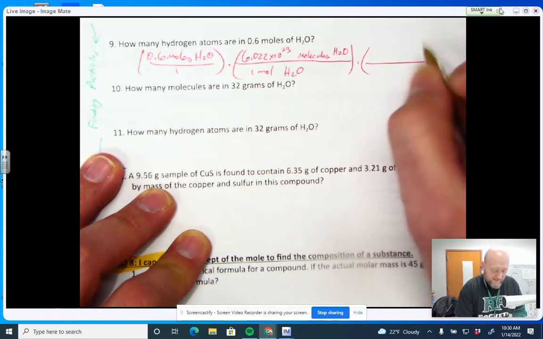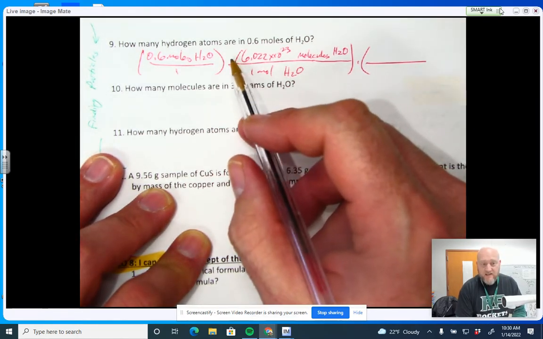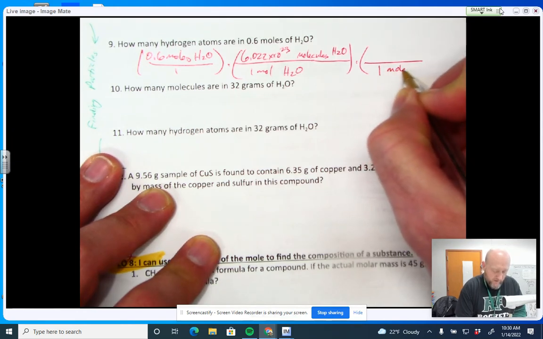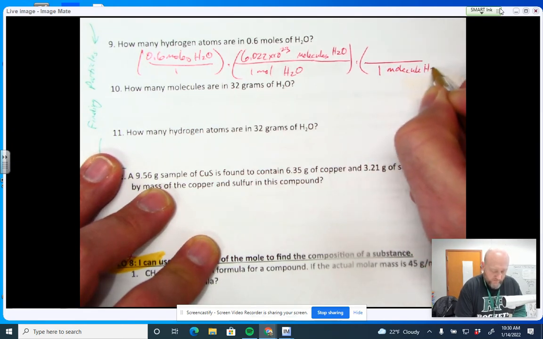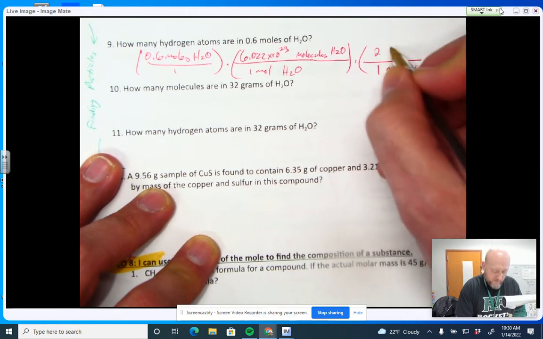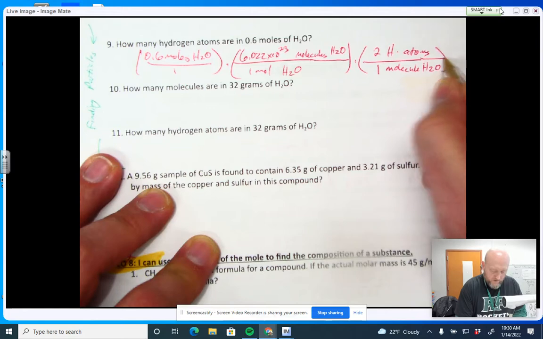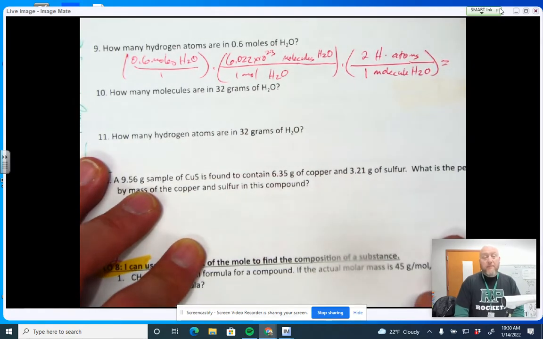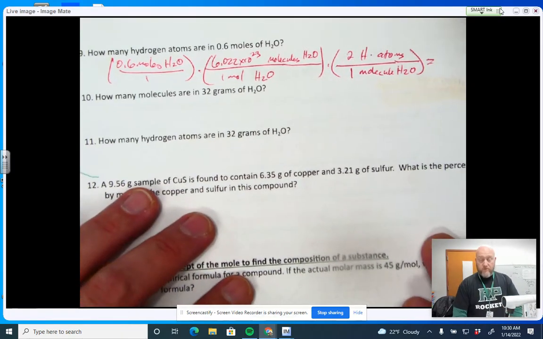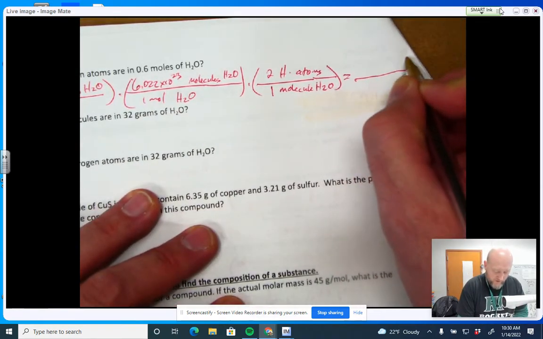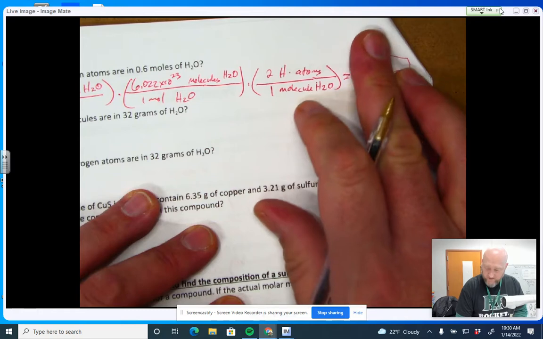Now remember, the question isn't asking molecules, the question is asking hydrogen atoms. And we know that every 1 molecule of H2O has 2 hydrogen atoms. So that's going to be one extra step that we're going to need to work through. So go ahead and punch that into your calculator. You should be able to come up with a number, and I'll let you find that on your own.